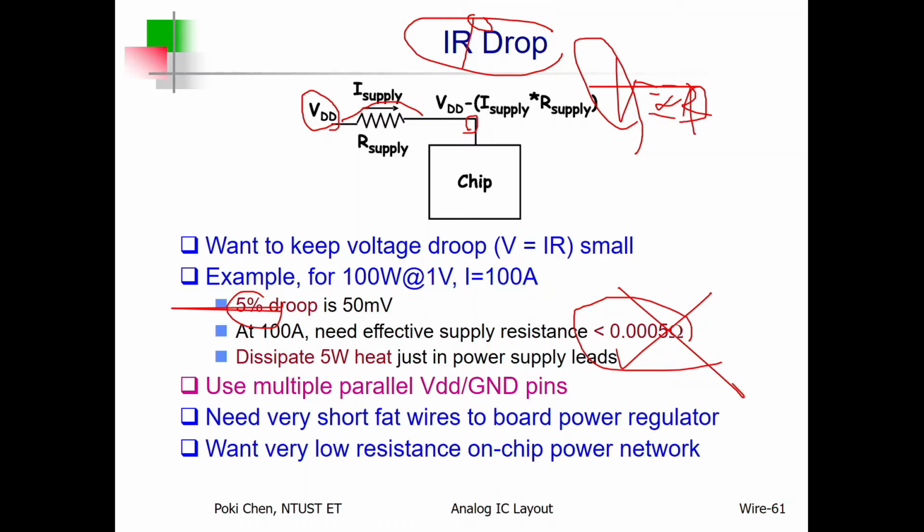Again, multiple I/O pads, multiple bonding wires connected in parallel. You can reduce not only the parasitic inductance, but also the parasitic resistance. It means you can solve the L di/dt problem and IR drop at the same time with multiple I/O pins and multiple bonding wires.